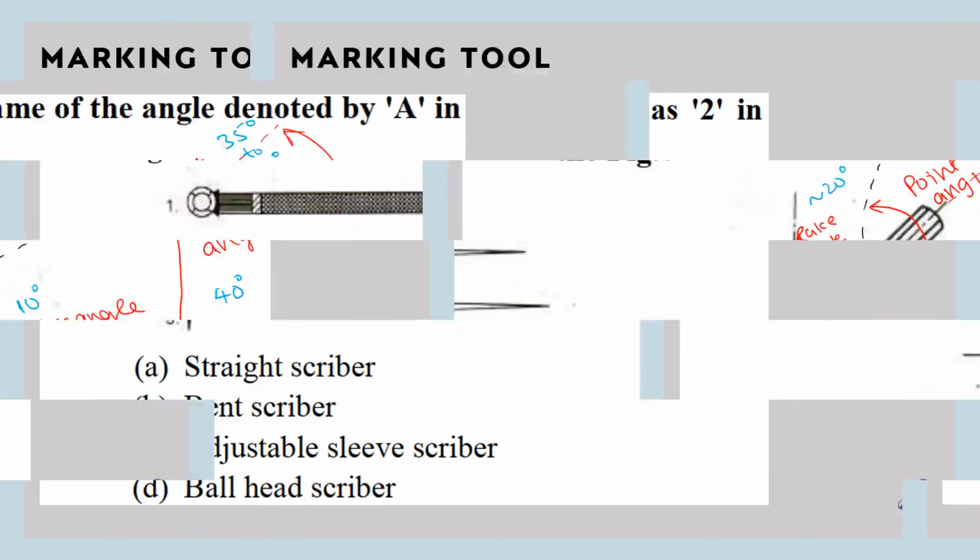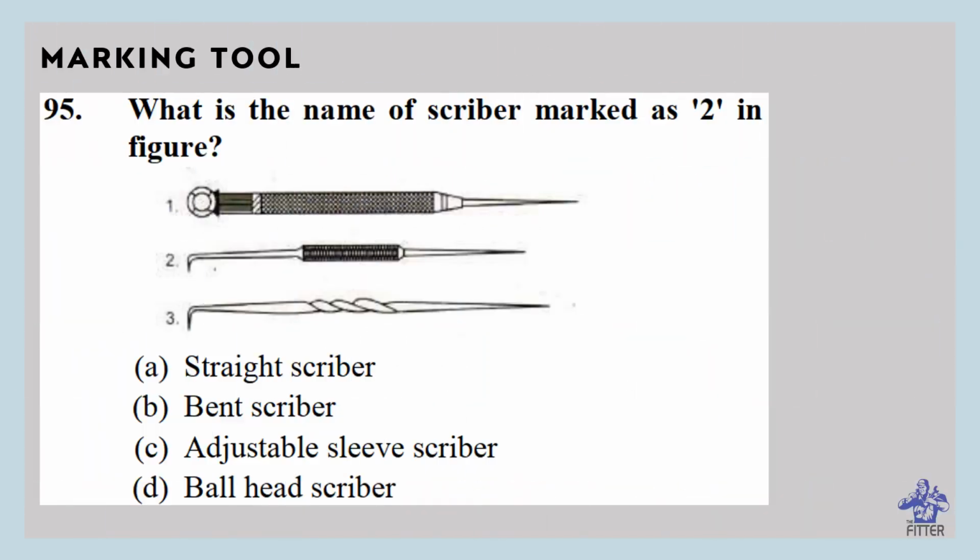What is the name of the scriber marked as 2 in the figure? The second figure is the adjustable sleeve scriber. Option C. The adjustable scriber contains an empty sleeve which carries knurling on the outside.